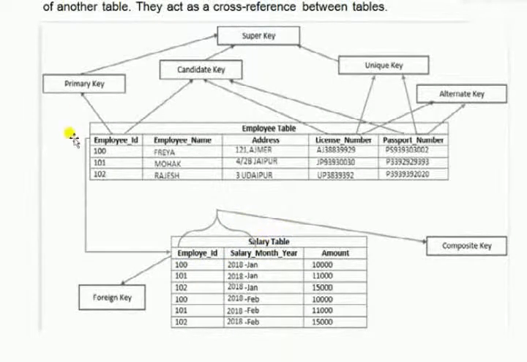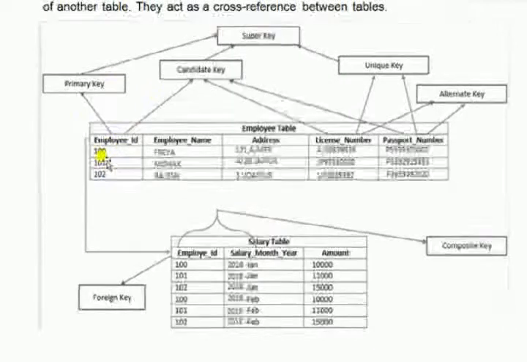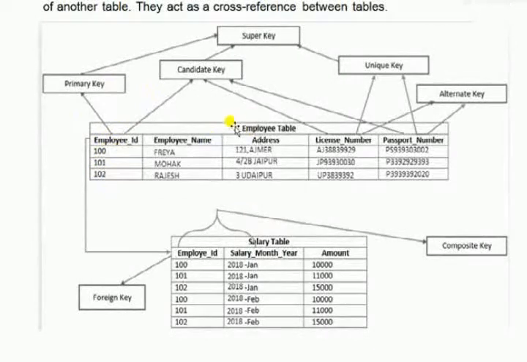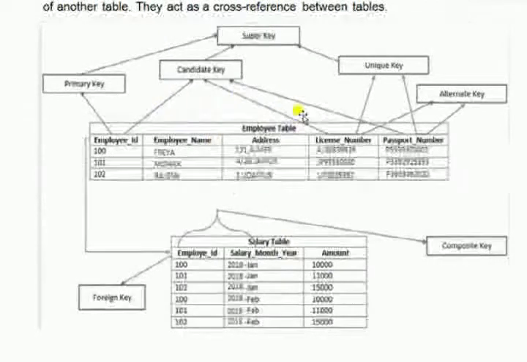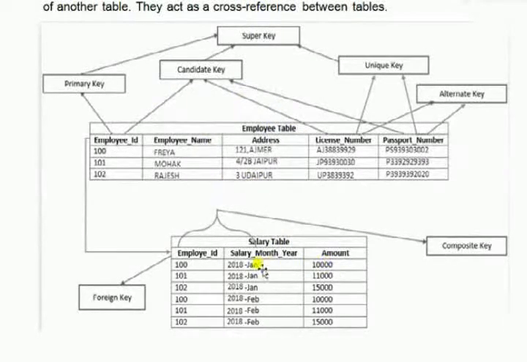So when a unique field of one table, the salary table, gets connected to a unique field, employee ID, of the employee table, then this field is called the foreign key.